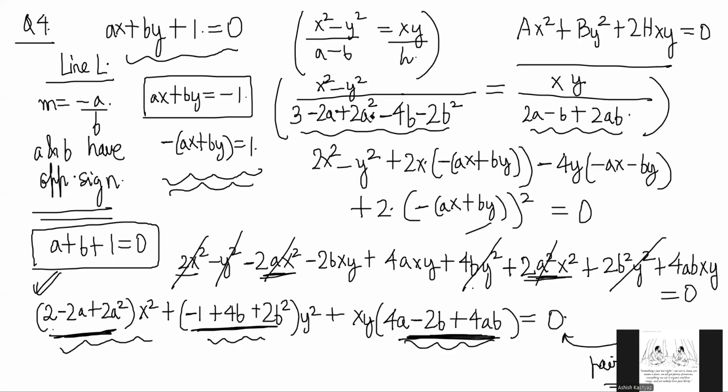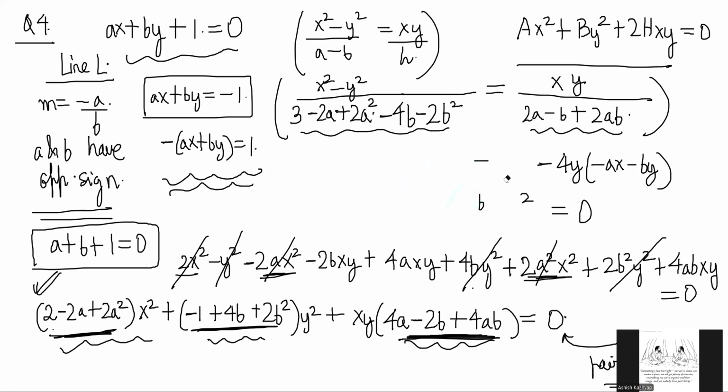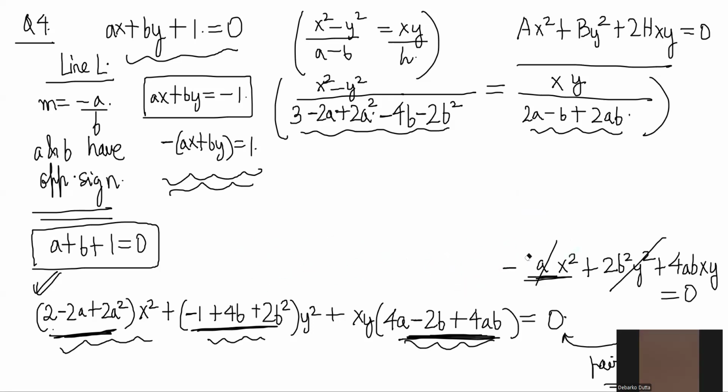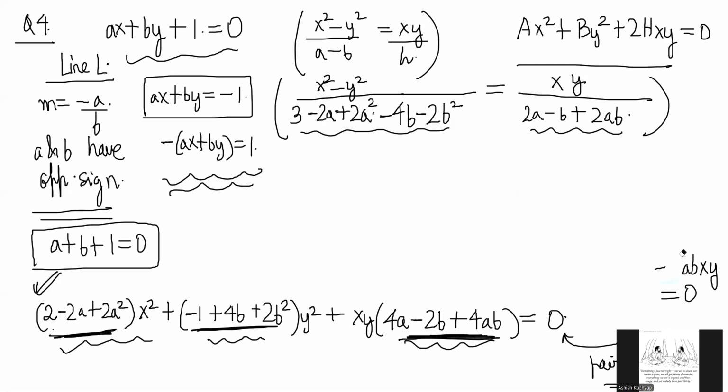Both the denominators should be 0. Then only you will get x equal to 0 and y equal to 0. Suppose one of the denominators was not 0, then it is not guaranteed that you will get x equal to y equal to 0.